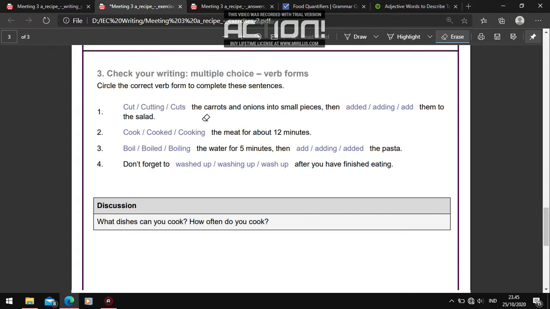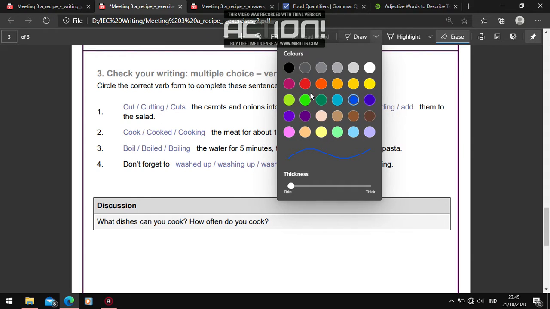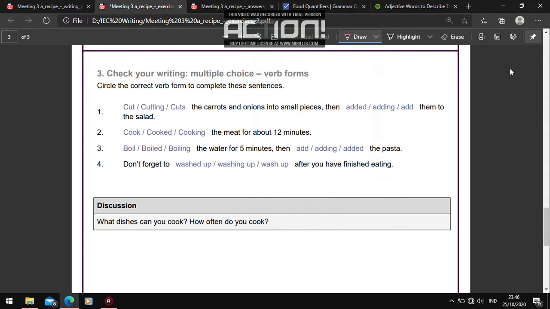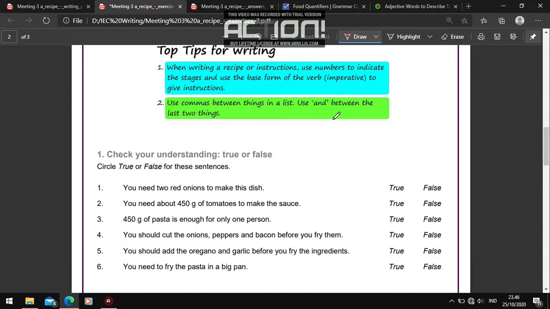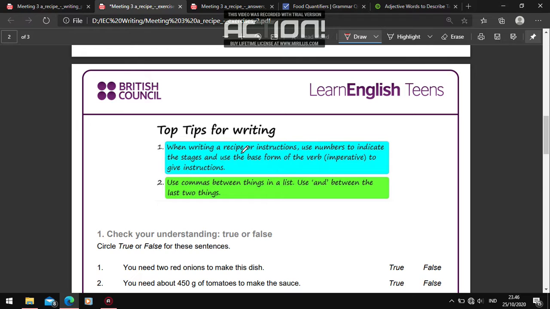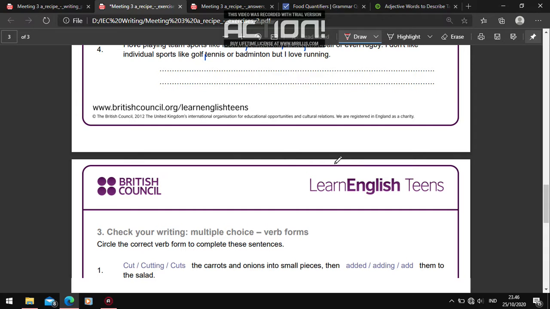Next, number 3. This is very easy. Check your writing, multiple choice verb form. Circle the correct verb form to complete this sentence. If you still remember, like I've told you before, when you start the explanation or the step when you are making a recipe, use the base form of the verb.